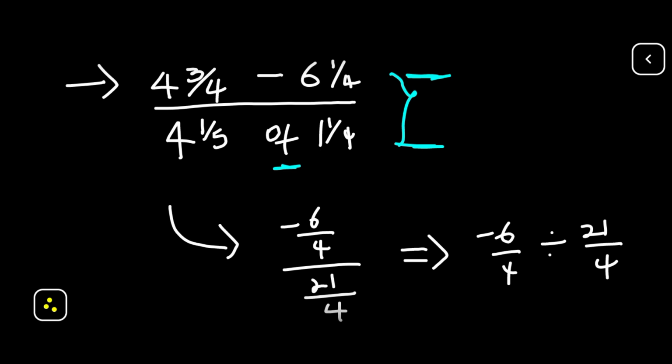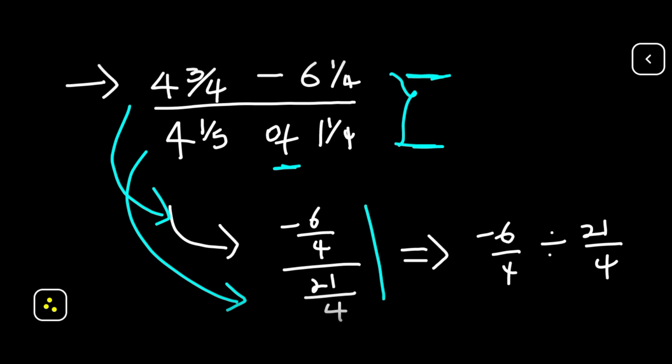Just take it one step at a time. Solve the top part to get to this point, and then maybe the bottom part to get to this point. Once you have gotten to this point, then you can bring it back to this point. So these are important points you need to note. Just take it one at a time.